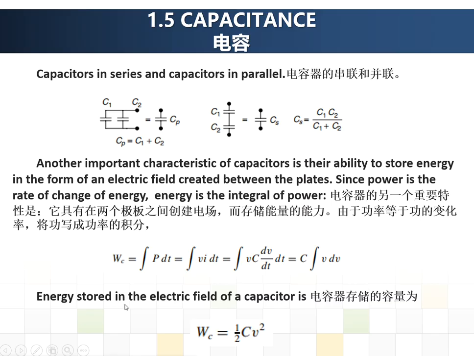So the energy stored in the electric field of a capacitor, WC, is equal to 1/2 of C multiplied by the square of voltage.